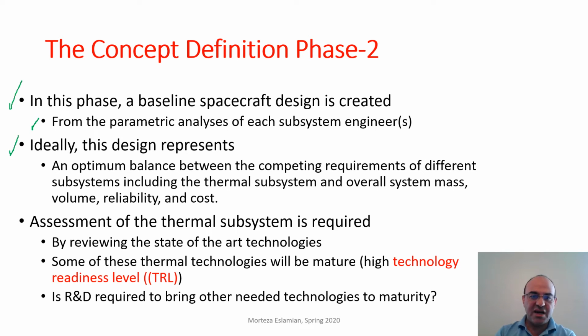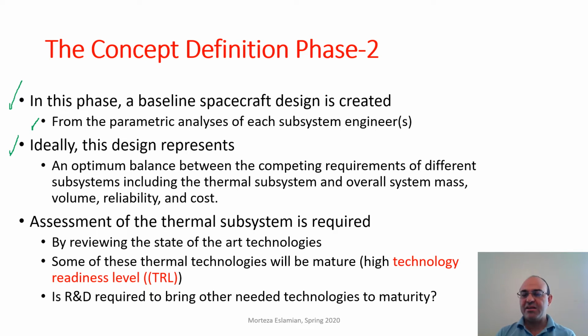Ideally, this design represents an optimum balance between the competing requirements of different subsystems, including the thermal subsystem and overall system mass, volume, reliability, and cost. So this is a kind of collaborative work. Different subsystem owners need to work together in order to come up with the optimum, for instance, mass of the system, reliability, cost.